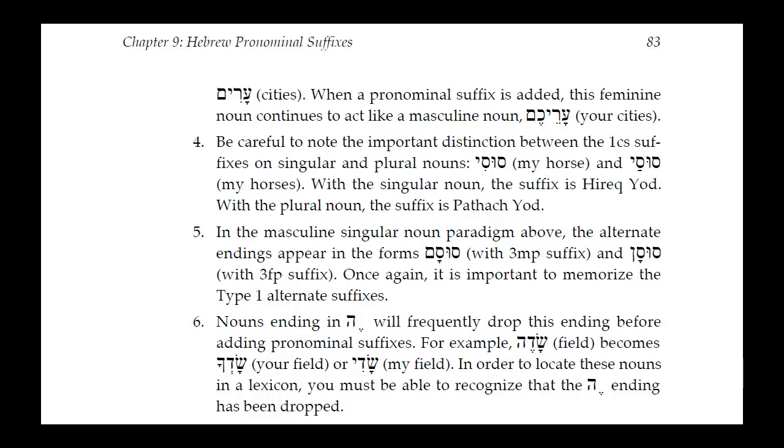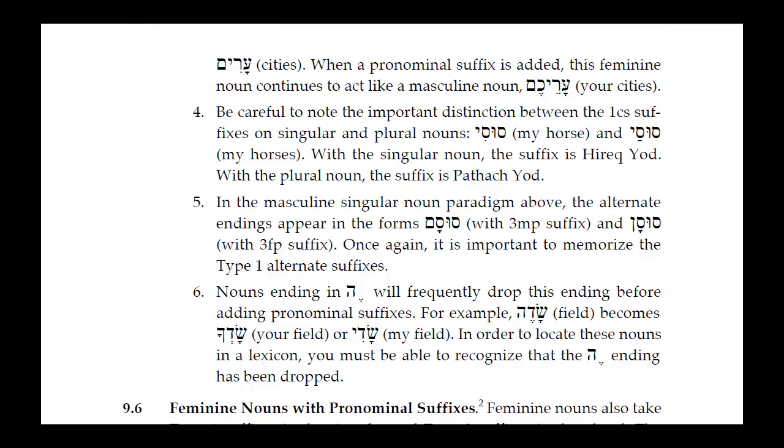You'll see those. But again, as you go through the homework and your reading, you're going to see this so often. Pronominal suffixes are so frequent within the Hebrew scriptures that it's so important to get this down and to know this because you're going to see it everywhere you go when you read the scriptures.